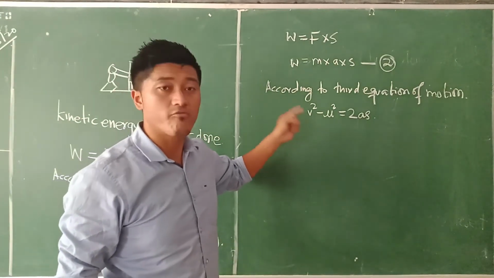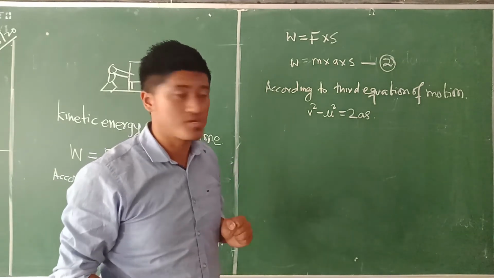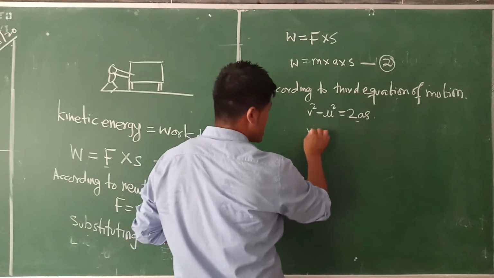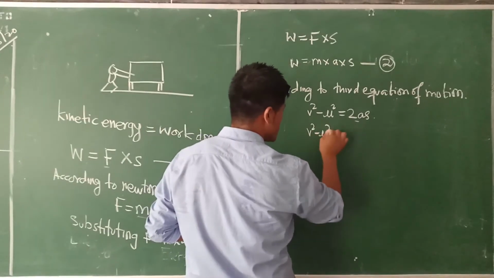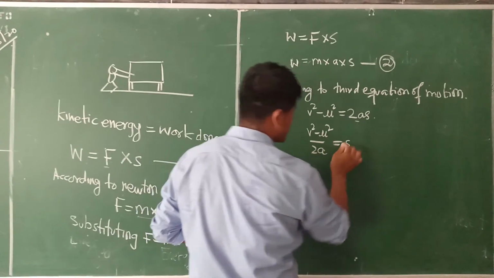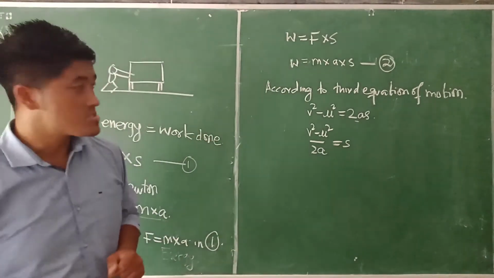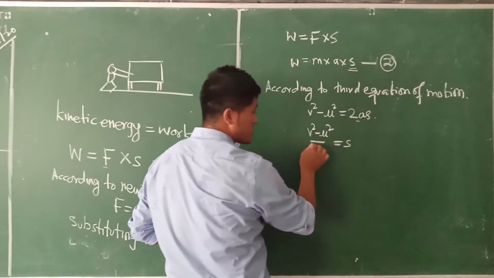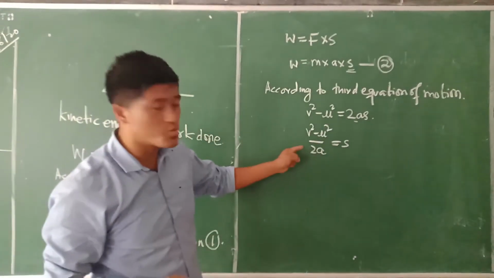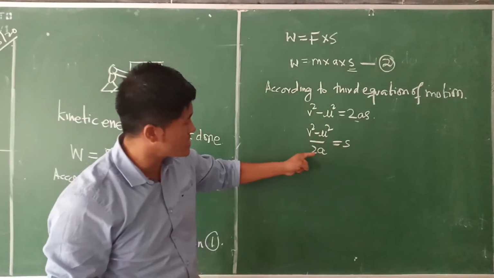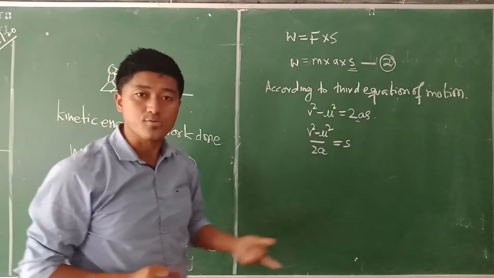We have learned and we have derived it through the graphical method. Now I'm going to send this 2A down here. That means V square minus U square divided by 2A is equal to S. Understand? So now instead of writing this particular S, can I write V square minus U square divided by 2A? Can I substitute this value of S in that? I can do that, right?